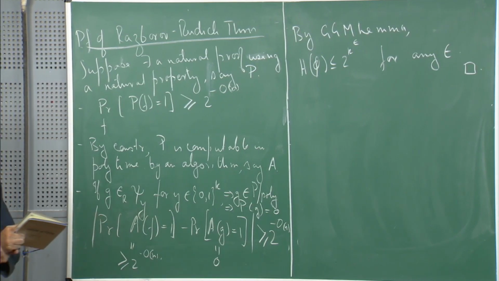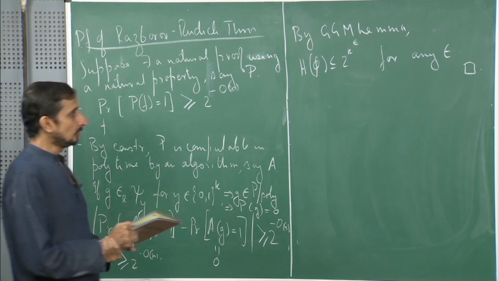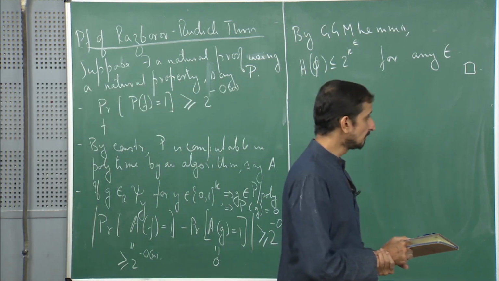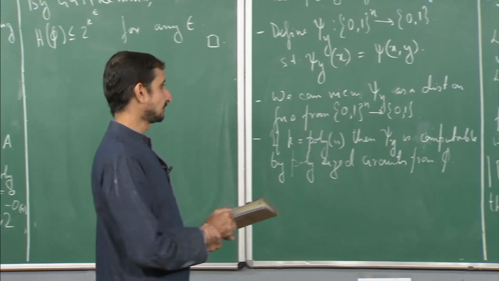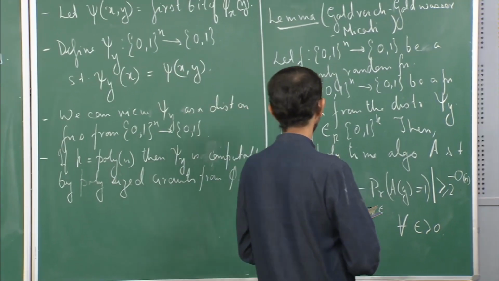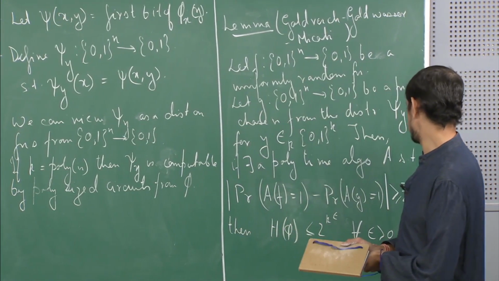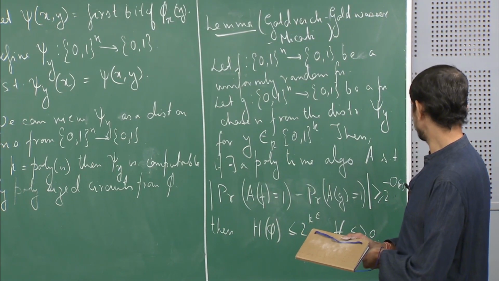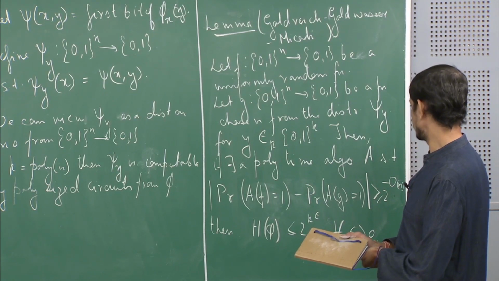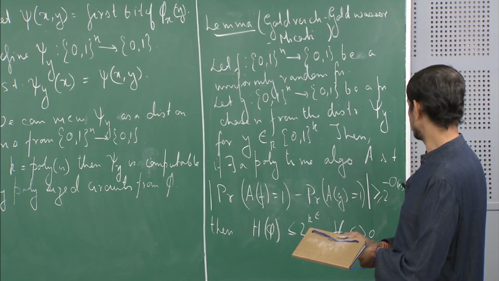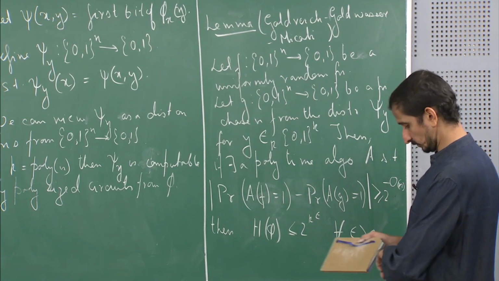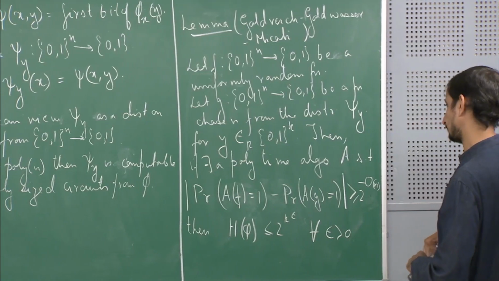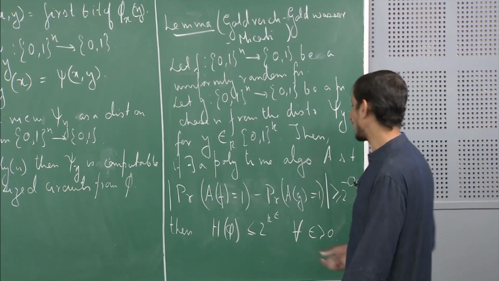In the GGM lemma, what is this phi? Is this for all phi? So in the earlier point there is no phi. At the end we are going to replace phi with for all pseudo-random generators phi. Because in the Razborov-Rudich theorem you have written that for every pseudo-random generator phi. Yes, so this is for any pseudo-random generator phi.